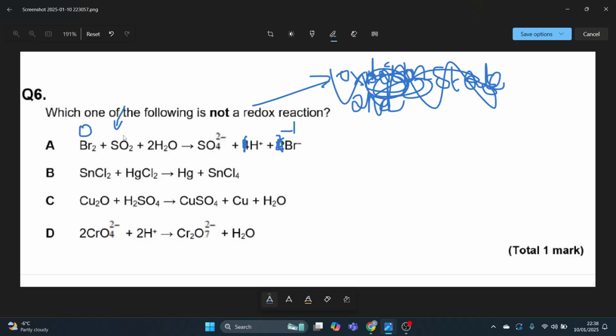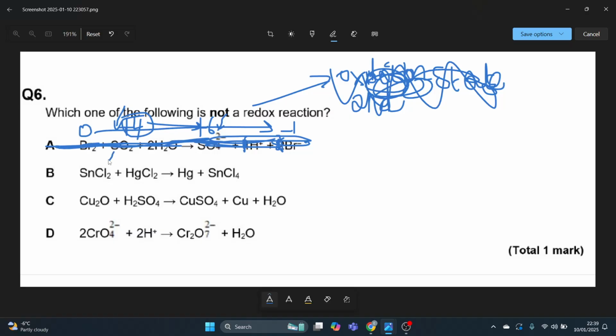Oxidation state of sulfur in sulfur dioxide. Yes, +4, and in this case, that's -2 times by 4, -8. That's +6. So the oxidation state does go up and it does go down. So that is a redox reaction. We're trying to find which is not a redox reaction.